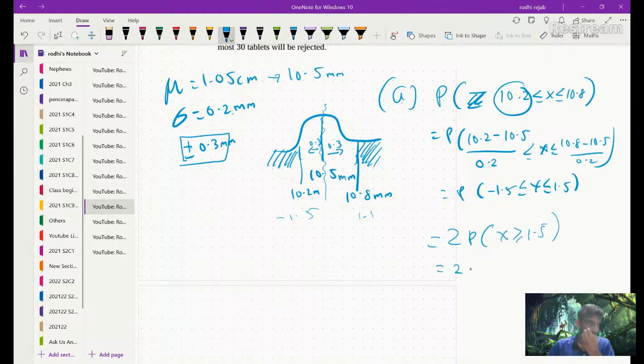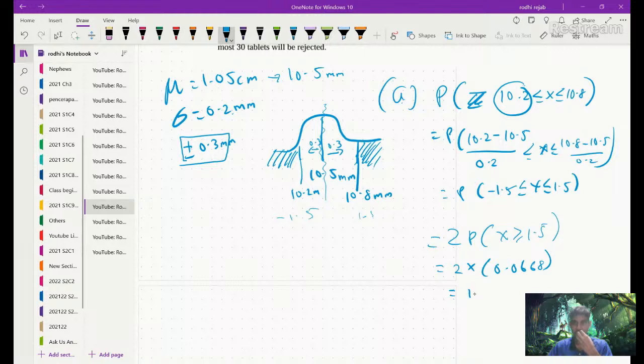So it will be 2 times the reading from the table, we would get 0.0668.